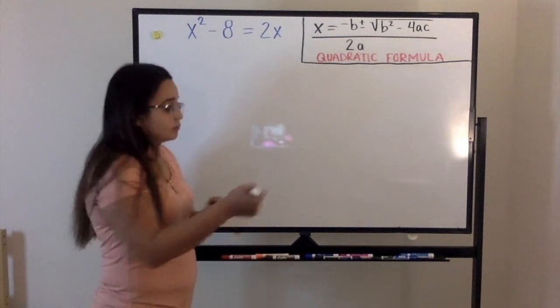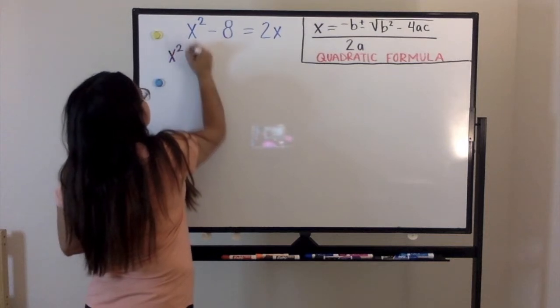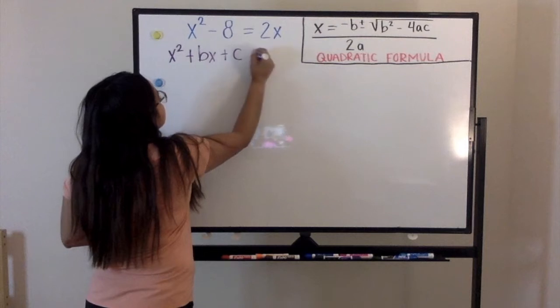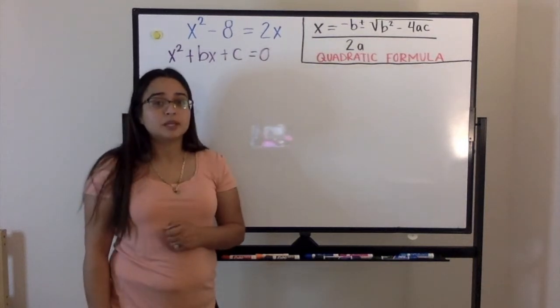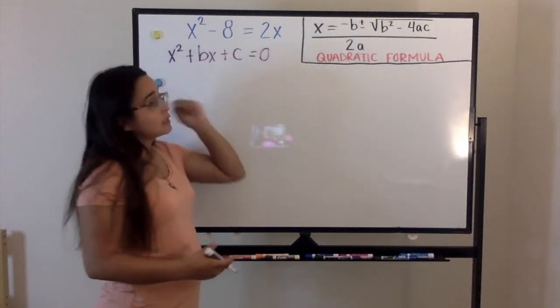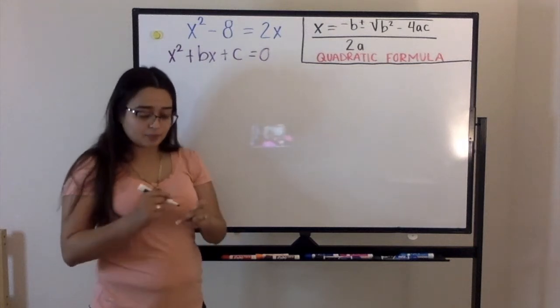Standard form is x squared plus bx plus c equals 0. So why don't we go ahead and make our example look like this in standard form. Okay?